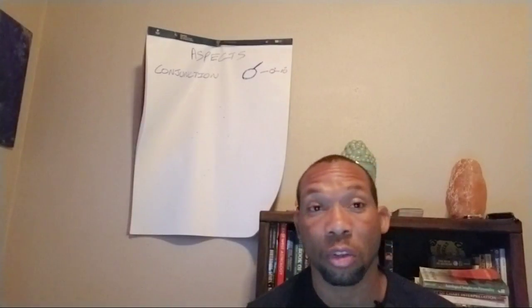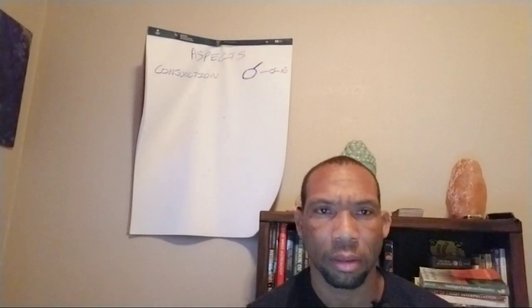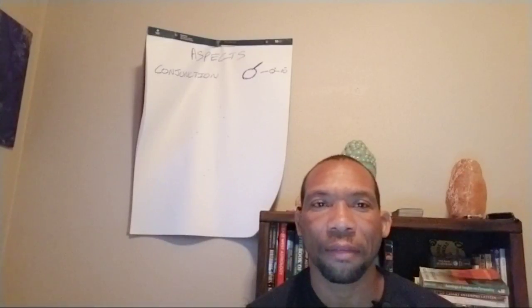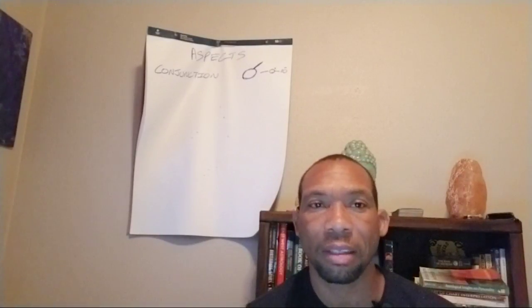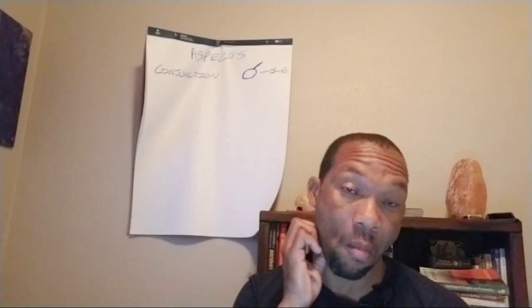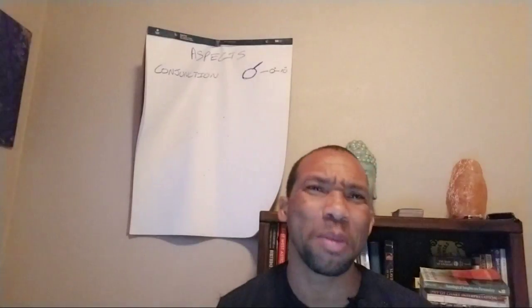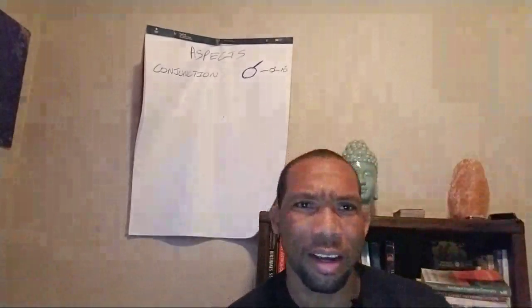But conjunction could also be like a blind spot. What I mean by that is, like the sun rays, if you're too close to the light, what happens? You're blinded. You can't see too far. You understand?